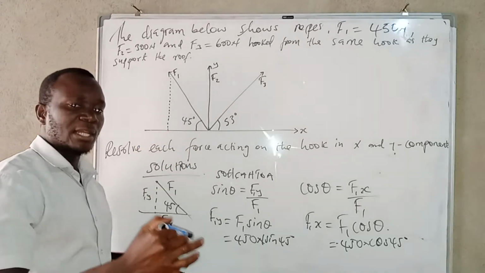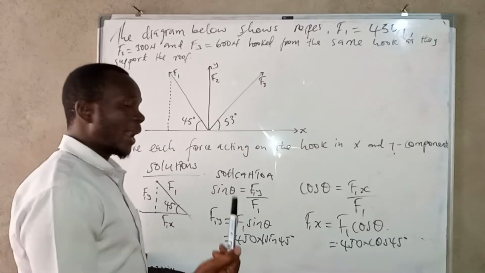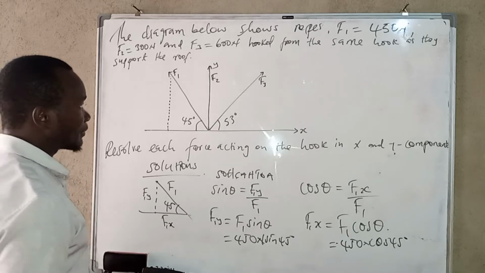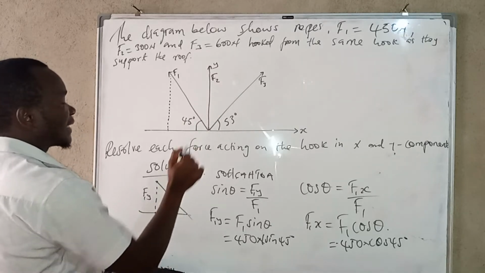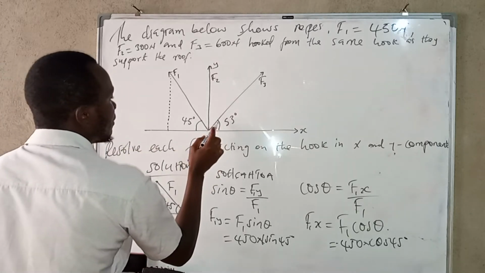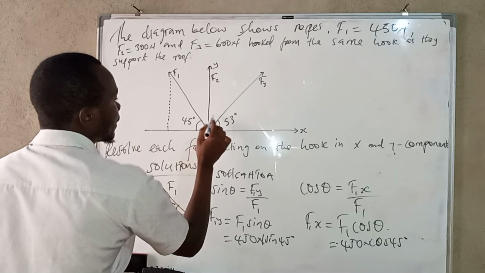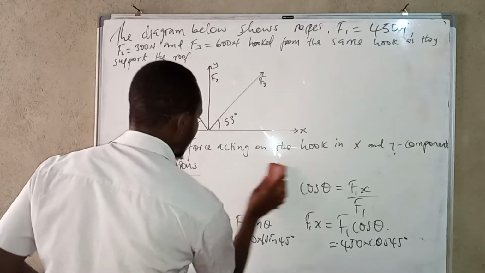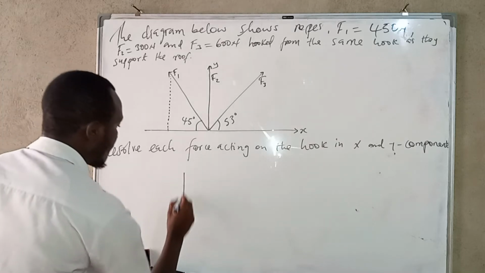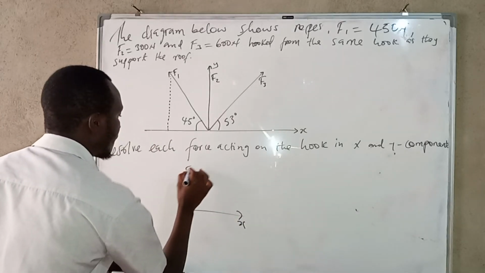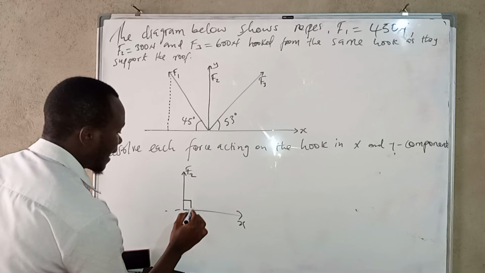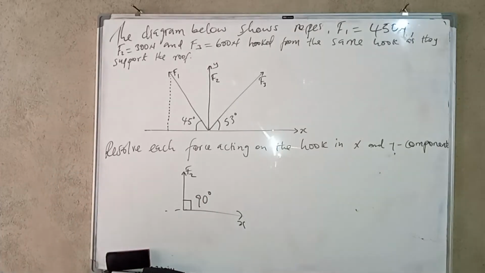So we can go on to find for F2. So F2 is acting at 90 degrees. Measuring from this, we resolve F2.